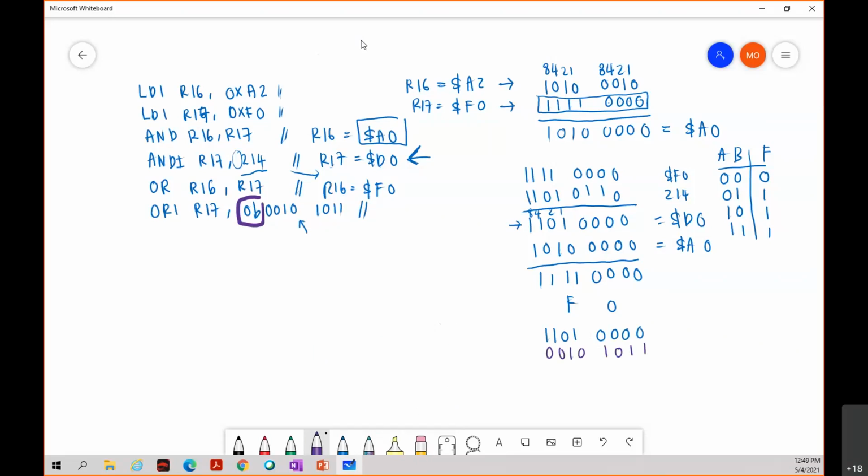So 0 OR 1 you get 1, 0 OR 1 is 1, 0 OR 0 is 0, this is a 1. And what about this one here? This is 1, 1, 1, and 1. So the final value here is F. 8, 4, 2, 1. So 8 plus 2 is 10, 10 plus 1 is 11. 11 is B. So R17 now will have the new value, which is FB.